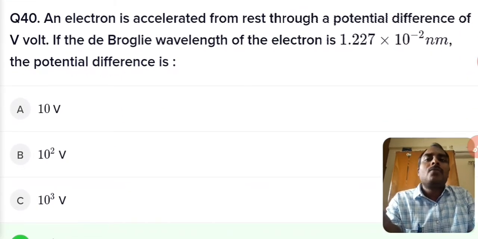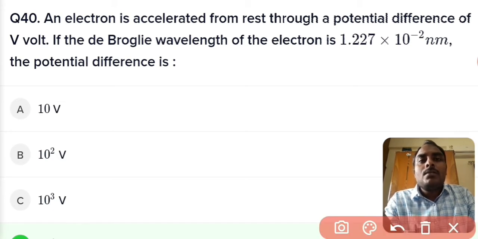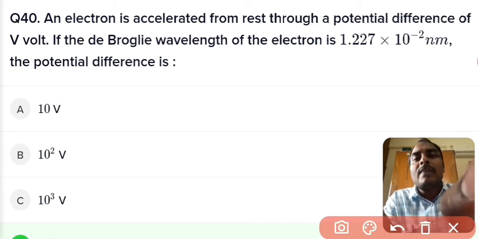Next problem 40. An electron is accelerated from rest through a potential difference of V volt. If the de Broglie wavelength of electron is 1.227 into 10 power minus 2 nanometer, the potential difference is. So we need the de Broglie wavelength of electron.